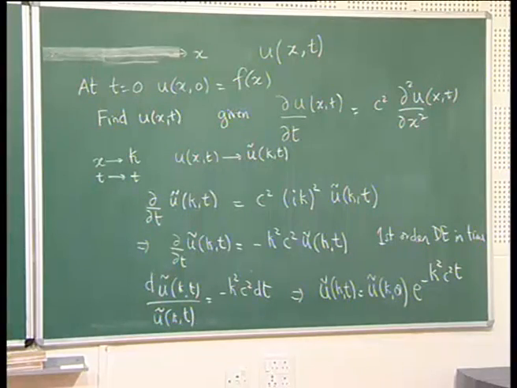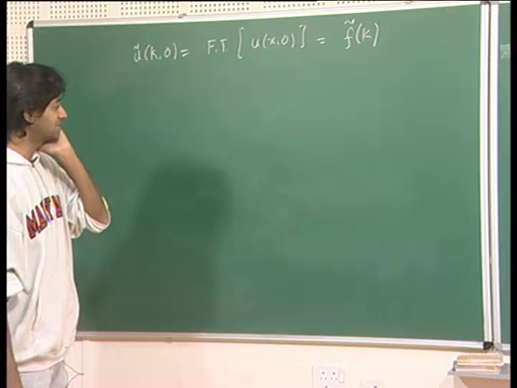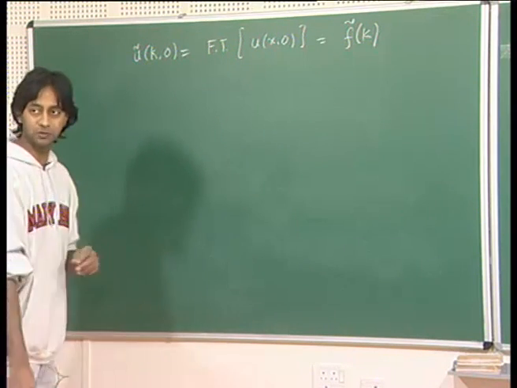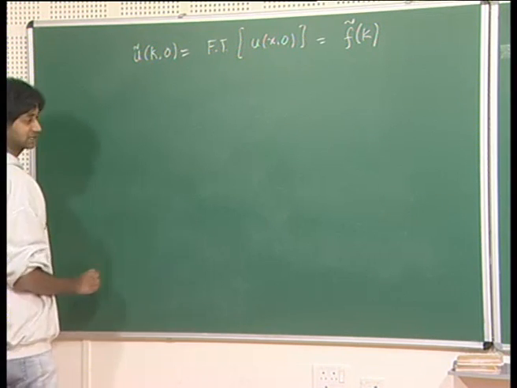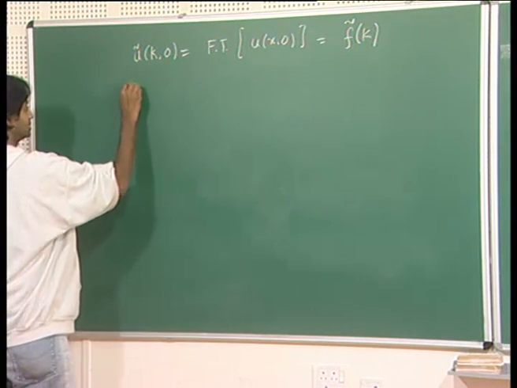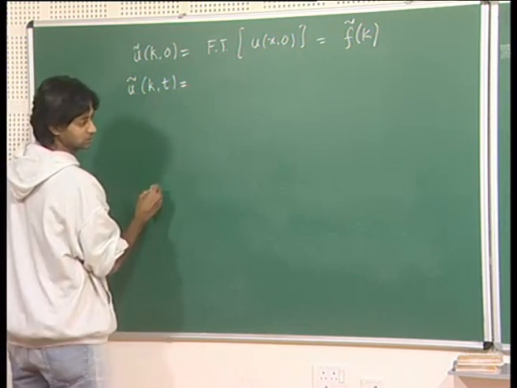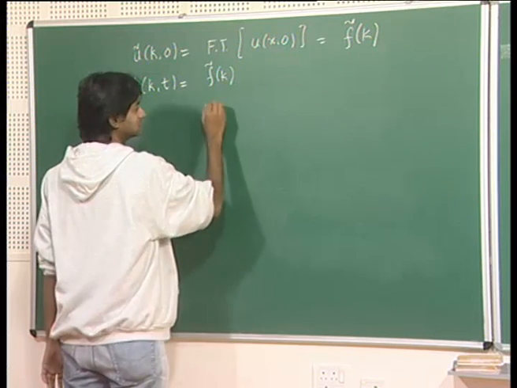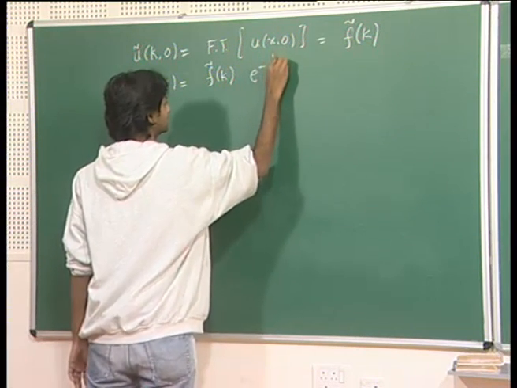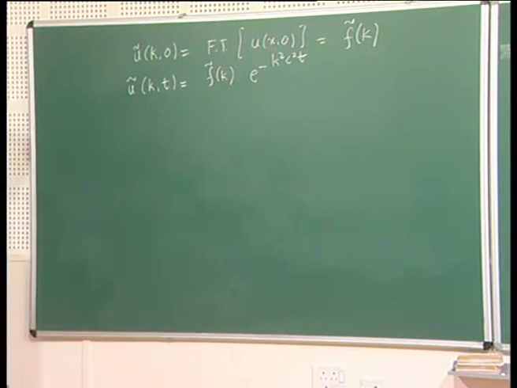Whatever f of x your problem specifies, you take the Fourier transform of that. Then you get the equation u tilde of k, t is equal to f tilde of k e to the minus k square c square t. Okay. So, this is the expression.